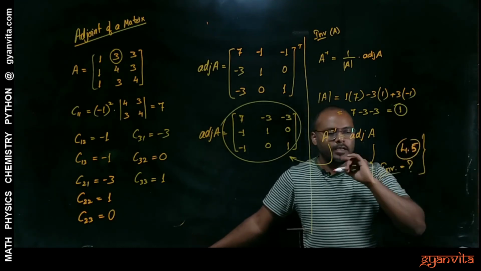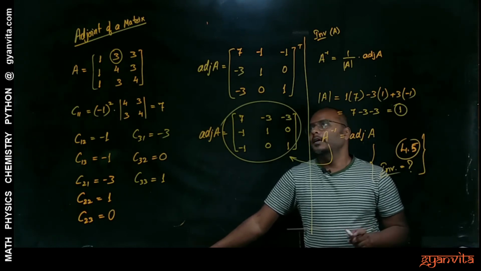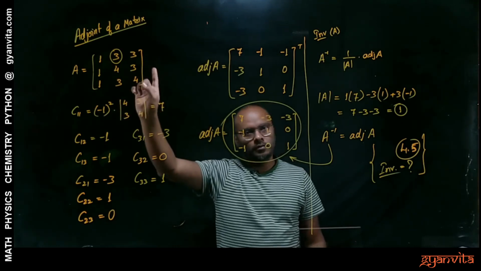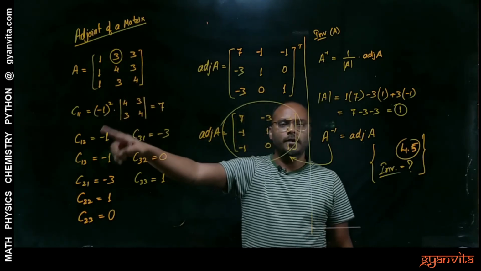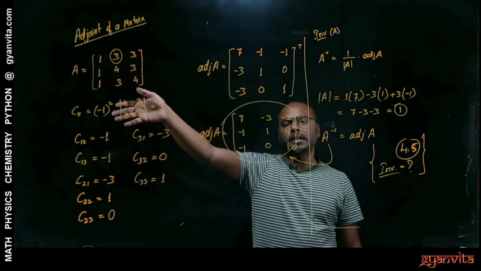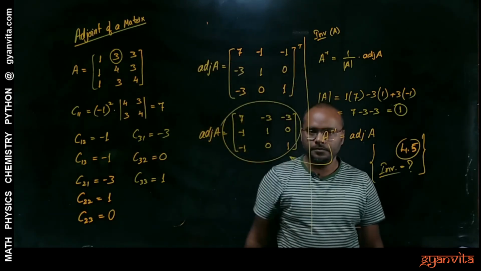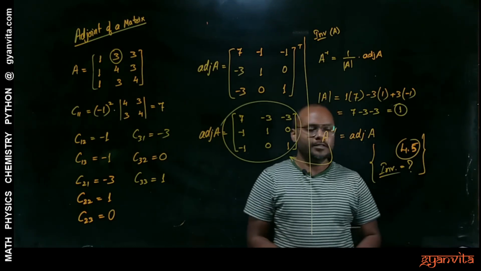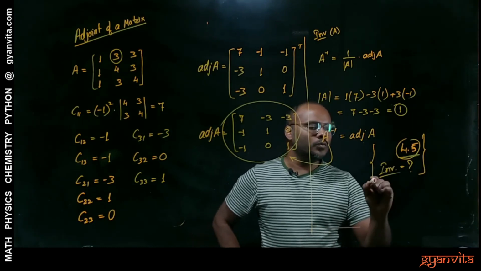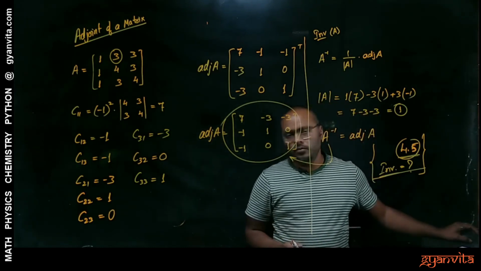Inverse can be found using adjoint, adjoint can be found using cofactors, and cofactors can be found using minors. So that's why we did minors, cofactors, use minors to find cofactors, use cofactors to find the adjoint, and use the adjoint to find the inverse. So try till exercise 4.5. In that, try to do all the questions where you just have to find the inverse, right? So that's all for today. Thank you.